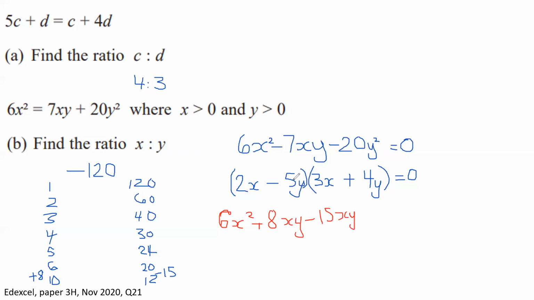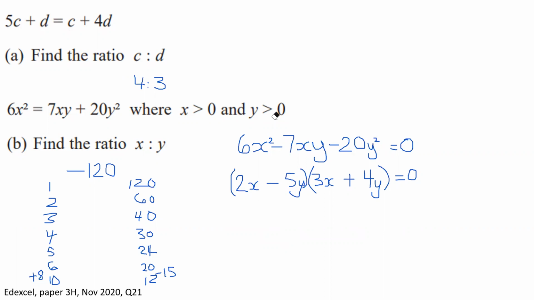And lastly, if we do minus 5y times plus 4y, we end up with minus 20y squared. If we combine these two together, you'll see that this will end up as minus 7xy. So luckily, we have got the answer that we were expecting. So we can be fairly sure that at this point, we've at least got something right.